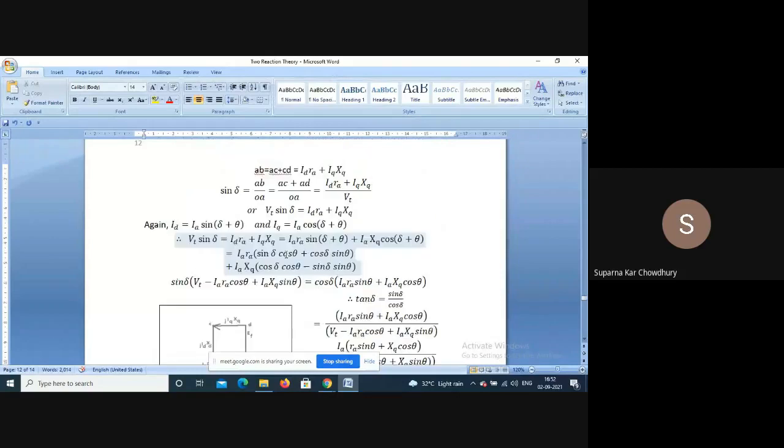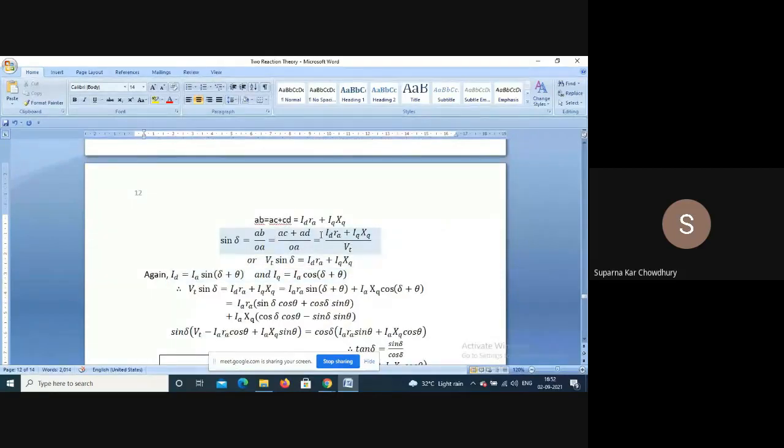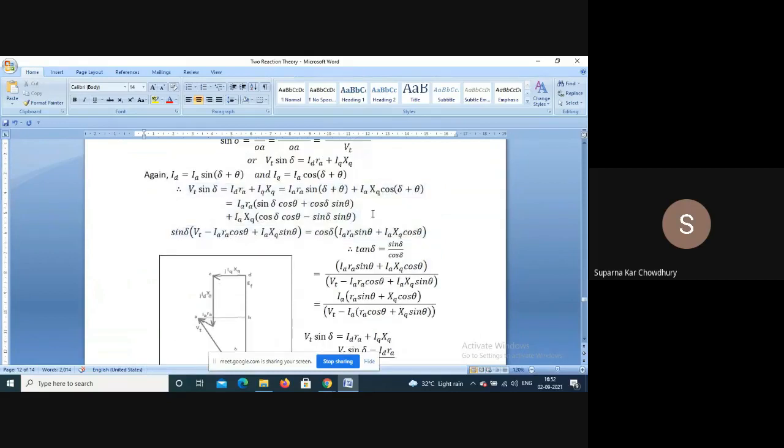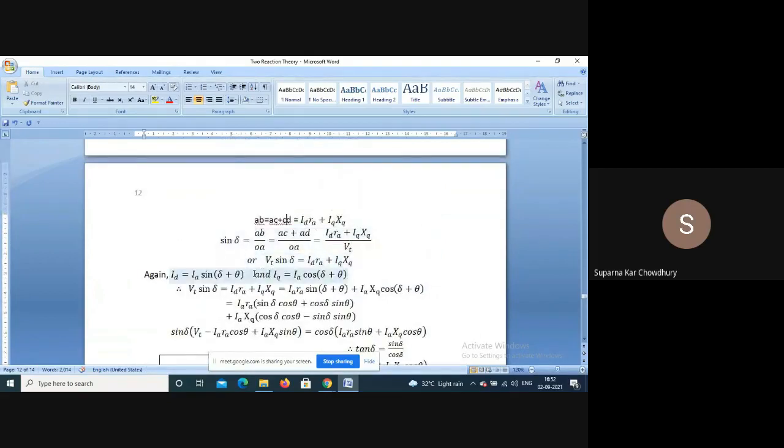So AB is equal to IdRa plus IqXq, and OA is Vt. So Vt sin delta is IdRa plus IqXq.